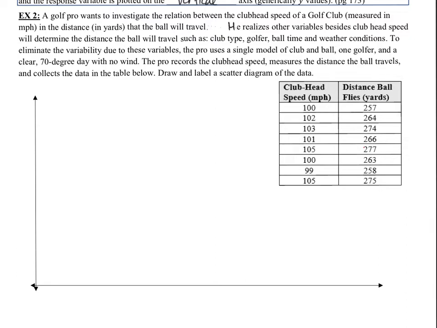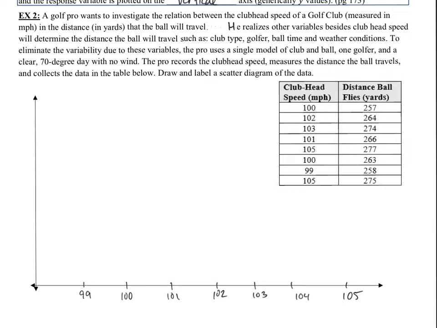So let's go ahead and go with 99, and then we'll do 100, 101, 102, 103, 104, and 105. We're actually going to hit the edge of our graph a little bit here.